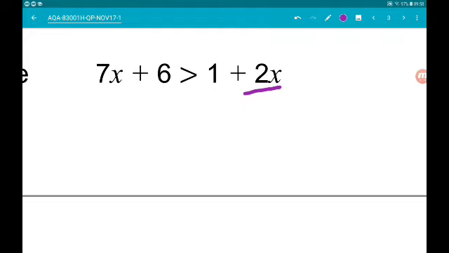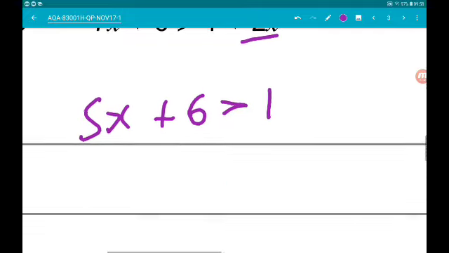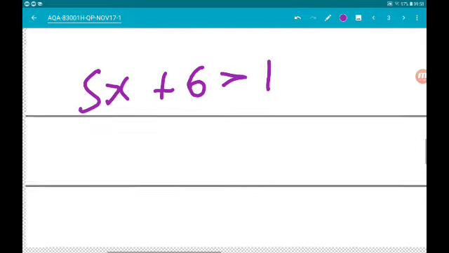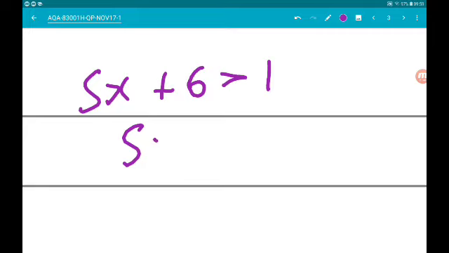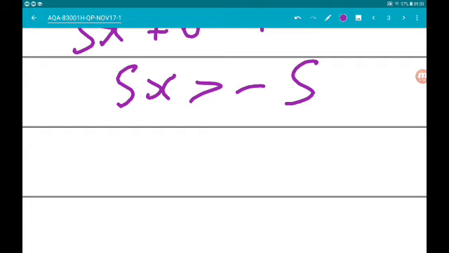So that's going to give us 5x add 6 is greater than 1. Now let's take away the 6. So 5x is greater than minus 5. And then divide by 5. x is greater than minus 1. Cool.